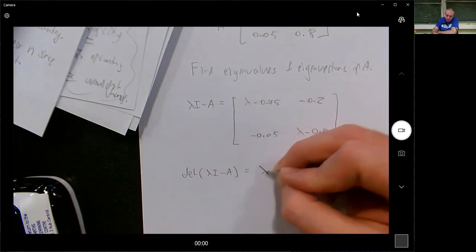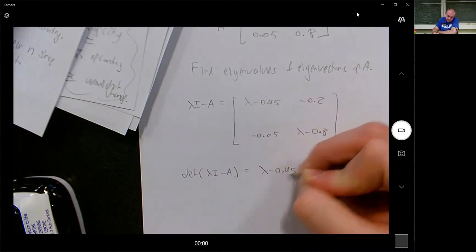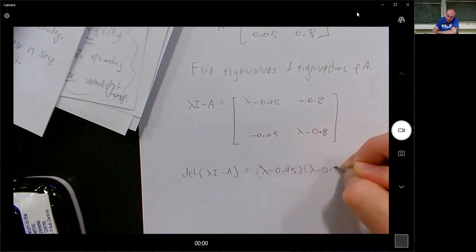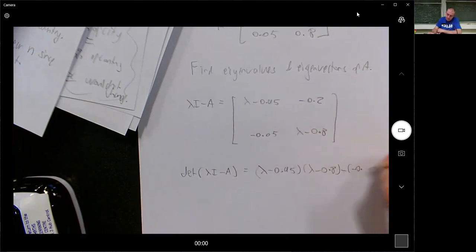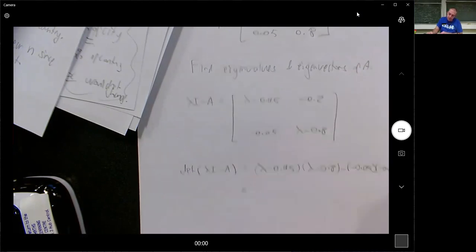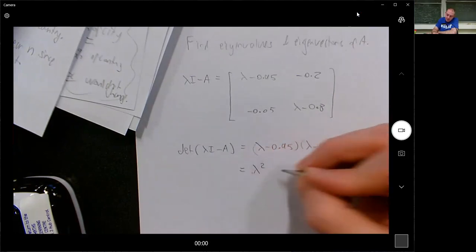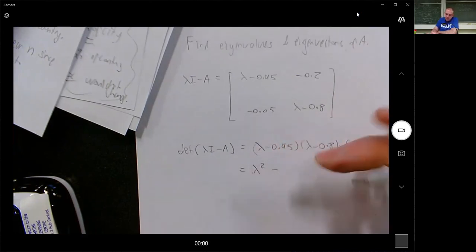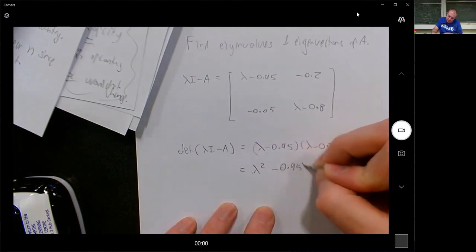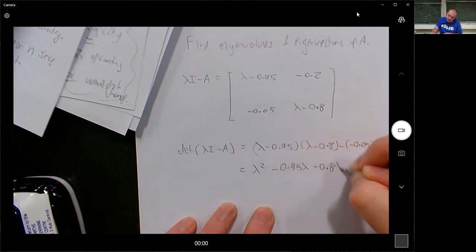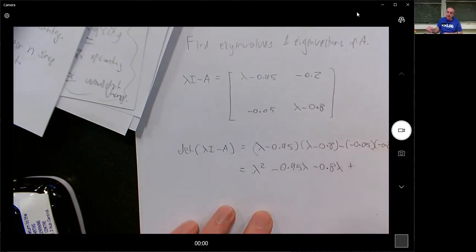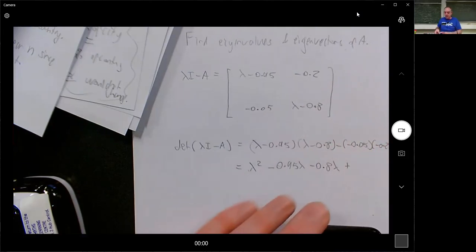So, okay, lambda squared minus 0.95 lambda minus 0.8 lambda plus whatever 0.95 times 0.8 is.